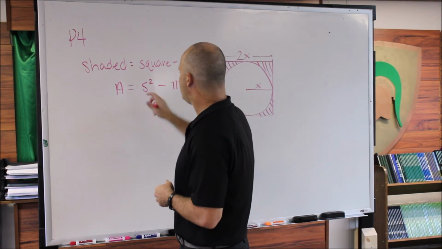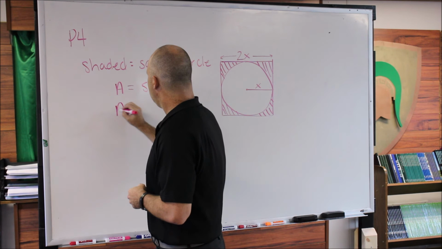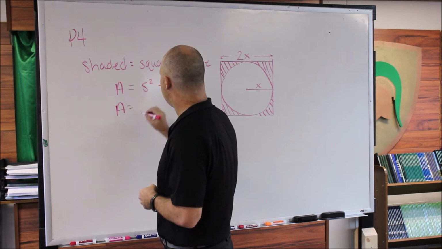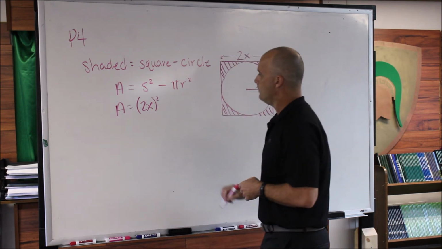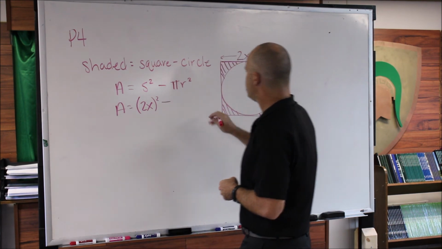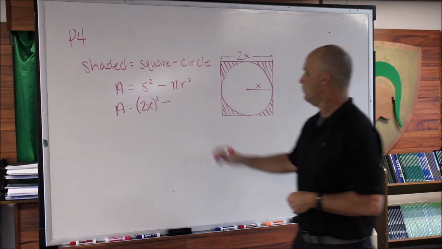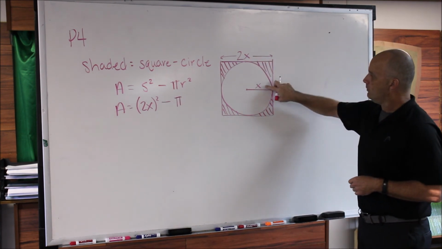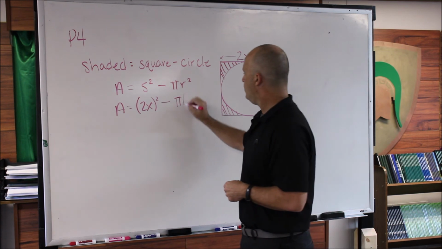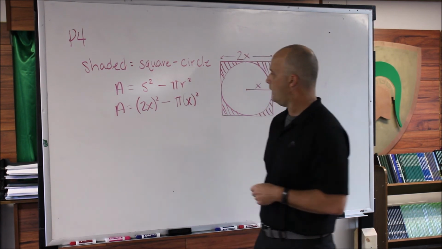So we can substitute 2x in for the side of the square. So we're going to go 2x, and then that's going to be squared. Then we're going to subtract the area of the circle. So we've got minus pi. The radius of this circle is x, so we're going to put in x, and then that gets squared.